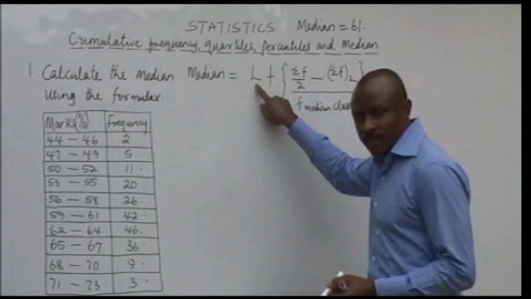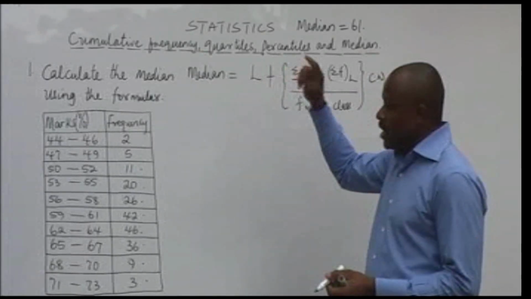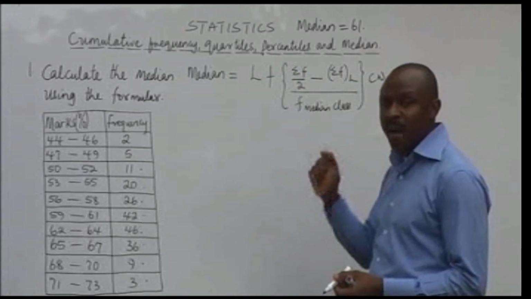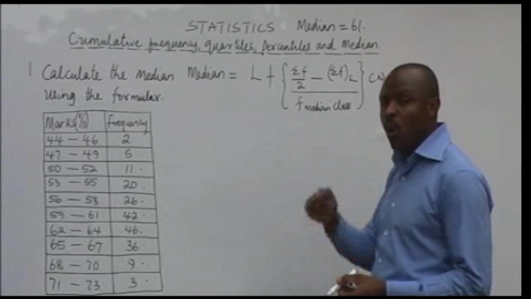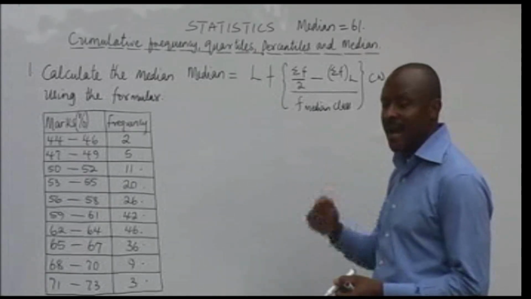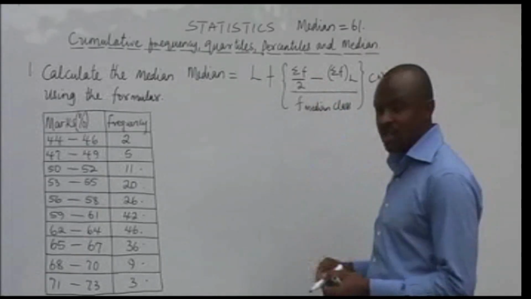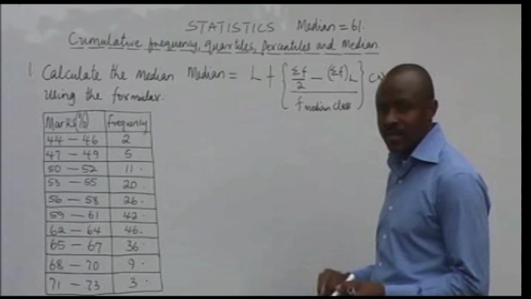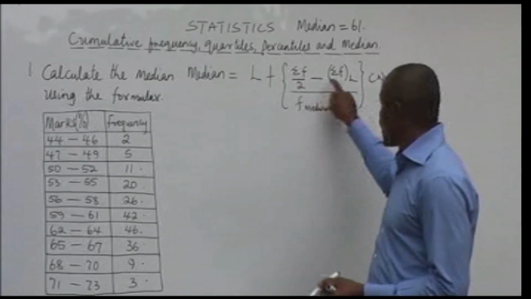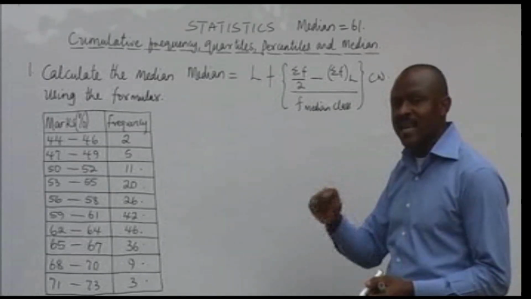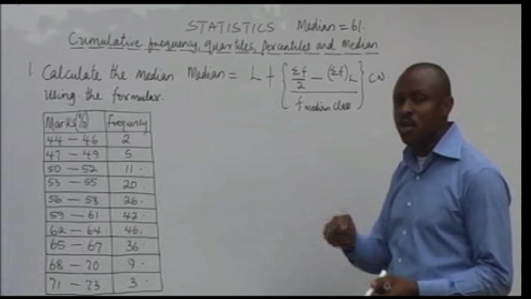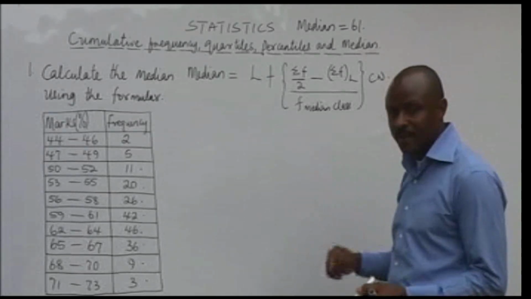This L is the lower class boundary of the median class. This means the sum of the frequencies divided by 2. This means the sum of the frequencies of the class intervals that are below the median class.